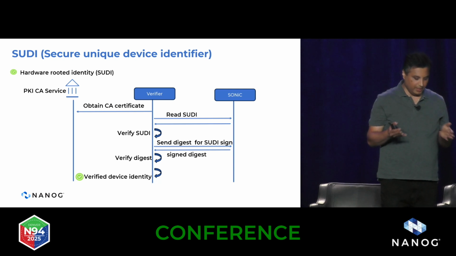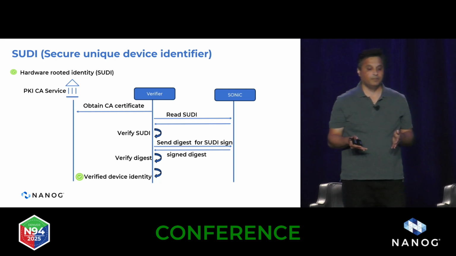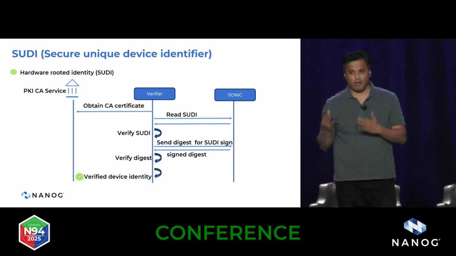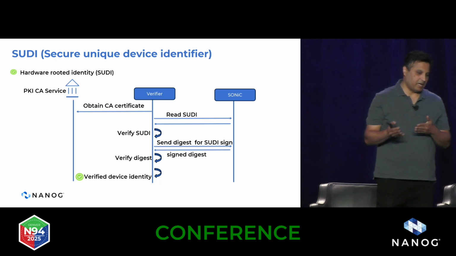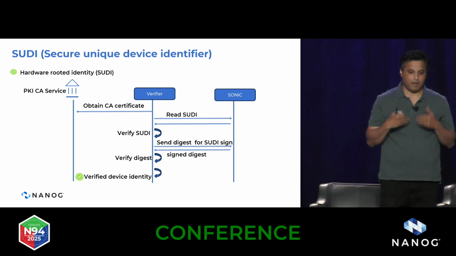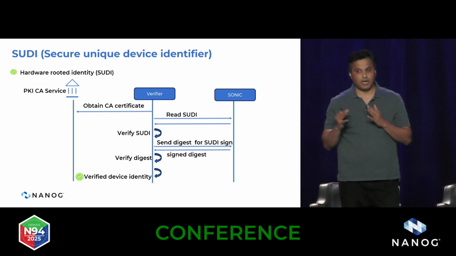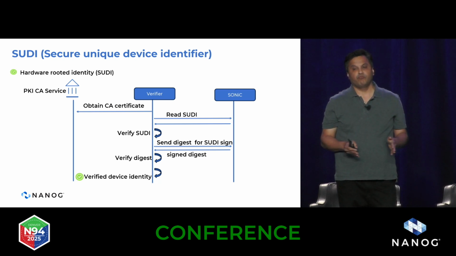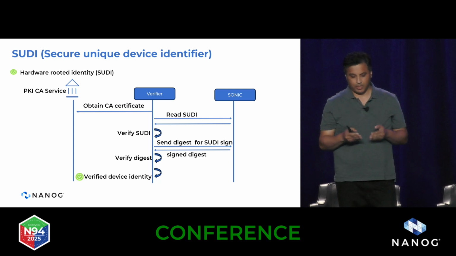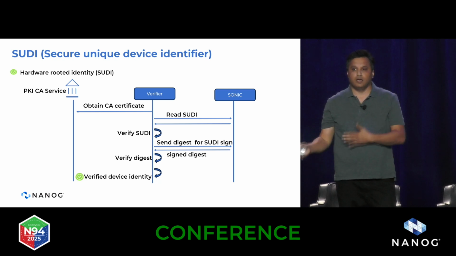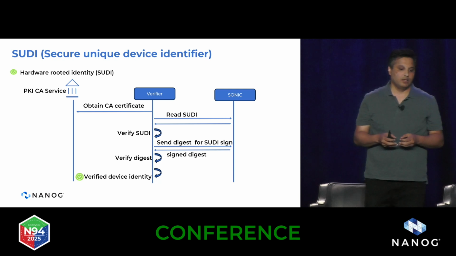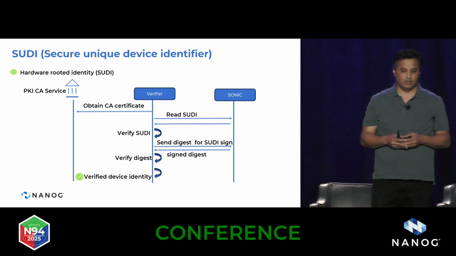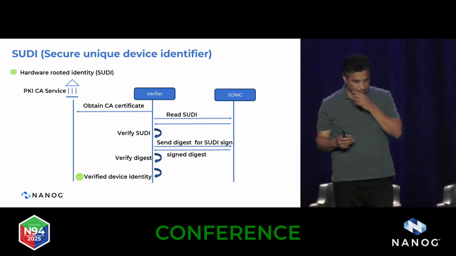What is the SUDI? SUDI is an asymmetric key pair, which we enroll during our manufacturing process, which provides a unique identity to the device. This asymmetric key pair, the private and public keys, are both part of the trust anchor module. The private key never leaves the system. For any attestation or signing reason, you can reach out to our trust anchor module to sign the messages, nonces or any data log.